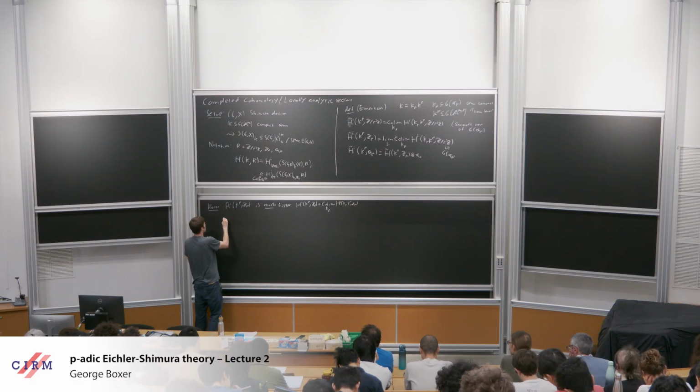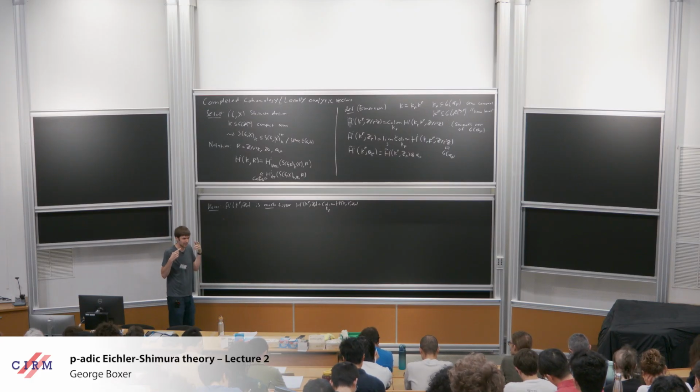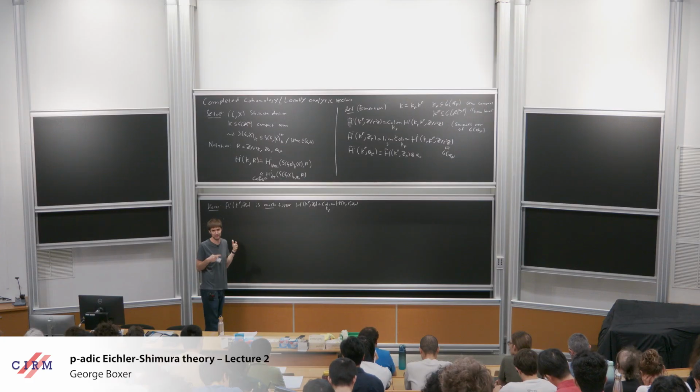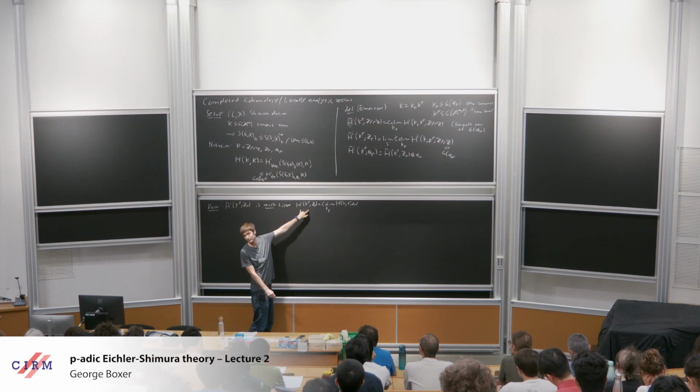Maybe something else I'll quickly explain is that there's another definition of something which you might consider p-adically completed cohomology in maybe a more natural or naive sense, which is just to take the p-adic completion of this thing.